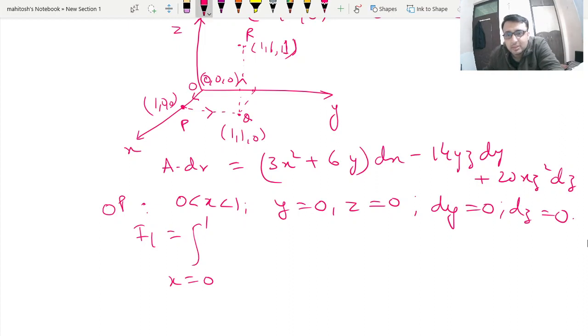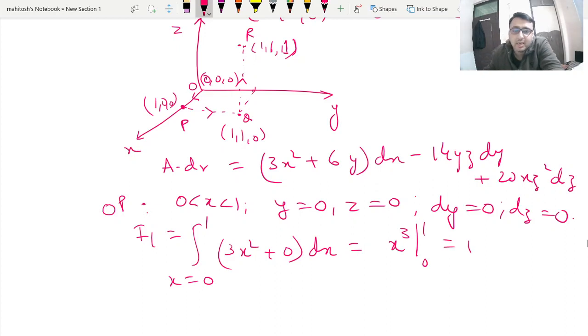So this can be written as the integral of 3x square dx, which is nothing but x cube. So I get I1 as 1.